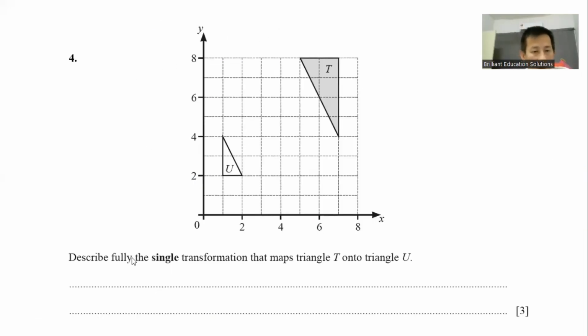Next, question number 4. Describe fully the single transformation that maps T to U. T to U looks like a rotation, but one big, one small. In this case, 3 marks. So when you get one big, one small, it will definitely be an enlargement. So we find the center.